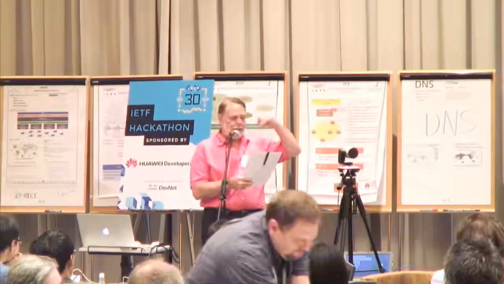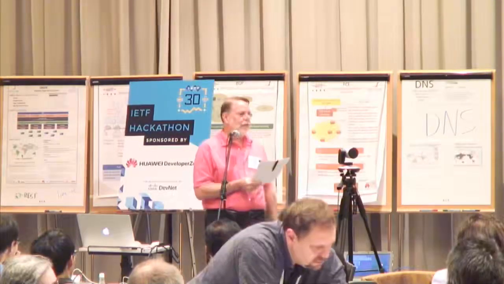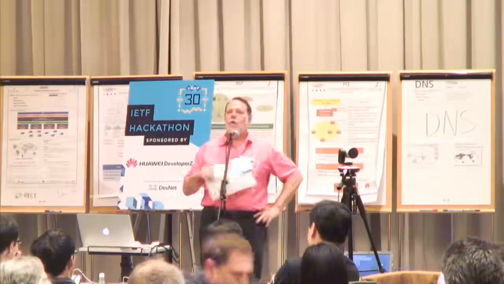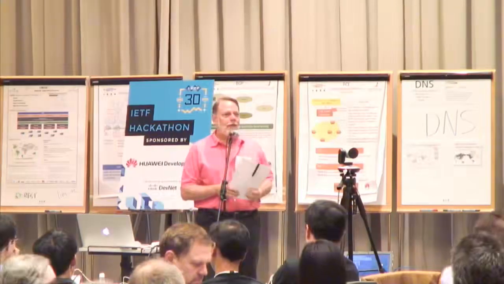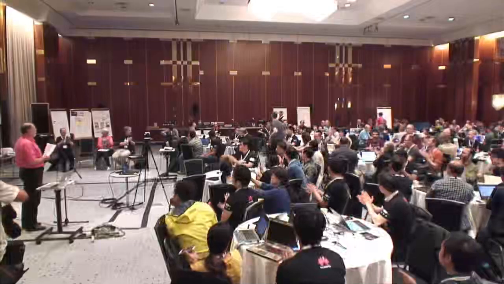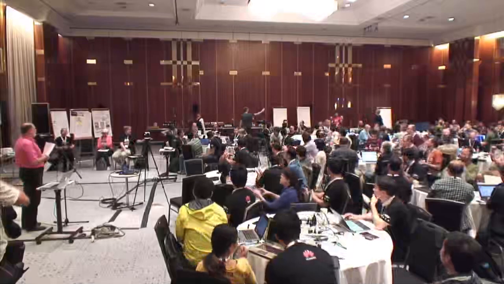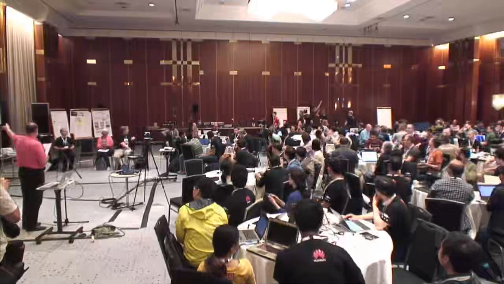Come up as your group is called and pick what you want, and whatever you leave is left for the next group. Best overall project we gave to the ILA people. It really was a tough choice, but they got it. So come get your things.